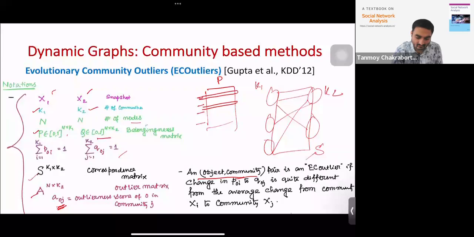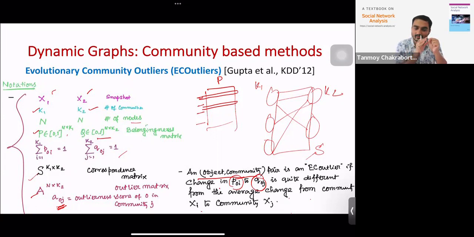If the change in P_OI and Q_OJ is quite different from the average change in the community, the average change from community XI to community XJ. What does it mean? Let's focus on a node O. You already know P, because P is the belongingness matrix at the previous timestamp.